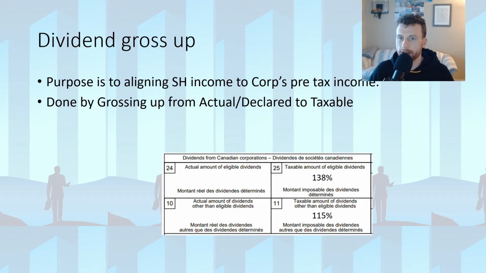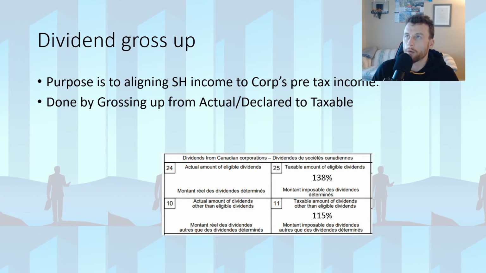The reason for this is the corporation receives the money and pays tax on the income or the net profits, and when it is declaring any dividends, these dividends are declared post-tax.